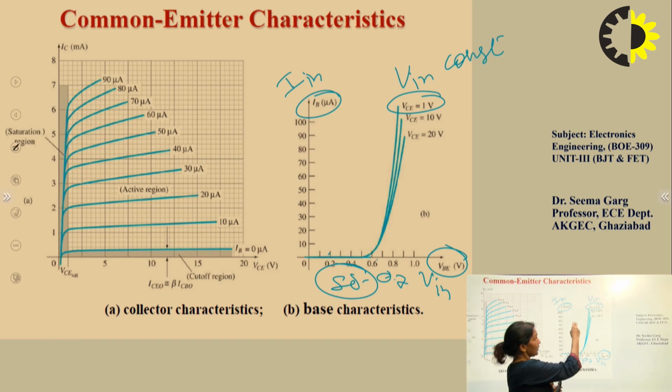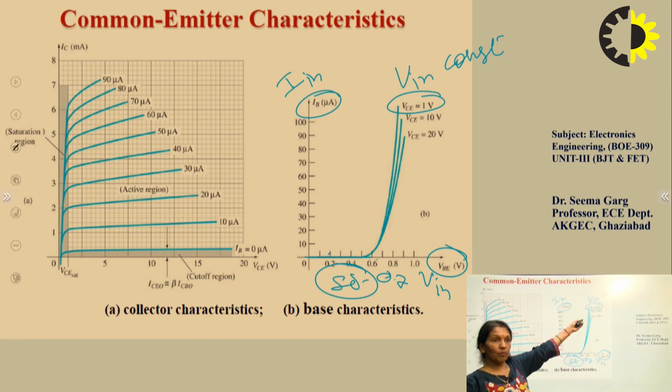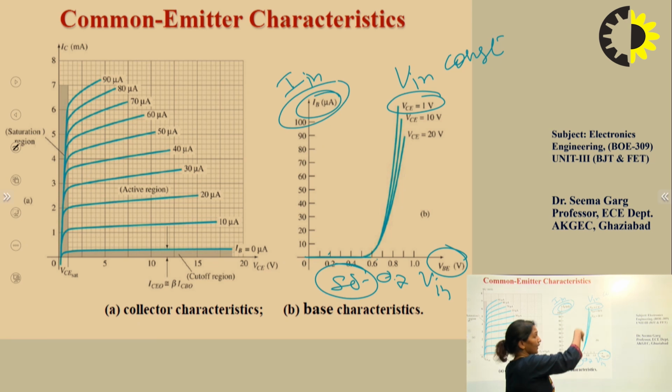Now, if we change this reverse biasing voltage from 1 volt to 10 volt, is there any change in the characteristic? The answer is no. Why? Because this voltage is responsible only for the leakage current. And what is leakage current?